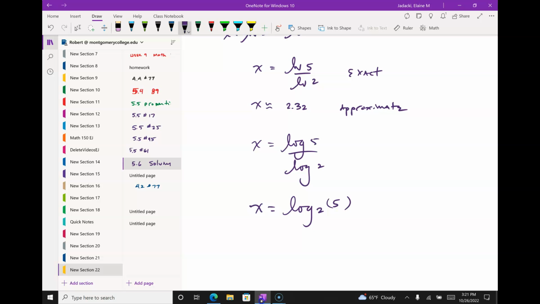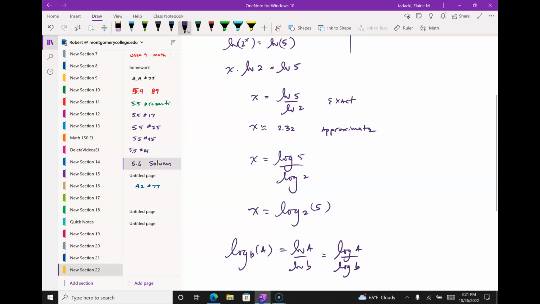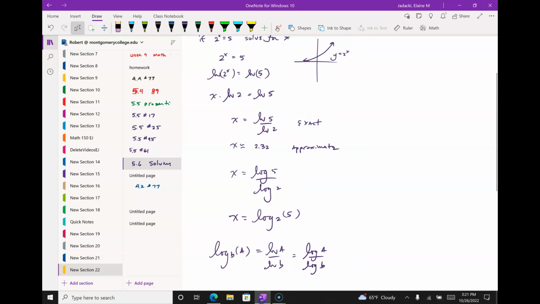So my change of base formula is log base b of a is ln of a over ln of b, or log of a over log of b. I personally prefer to take the ln of both sides whenever I can. But it won't matter. I can do anything I want.